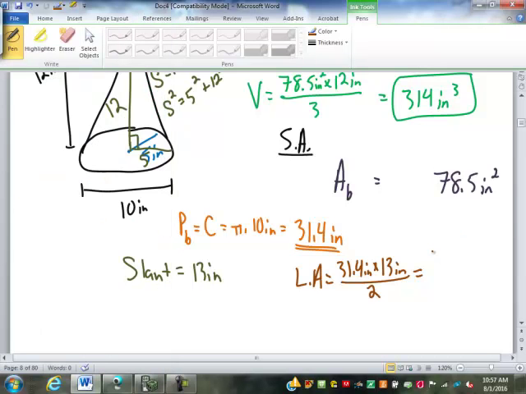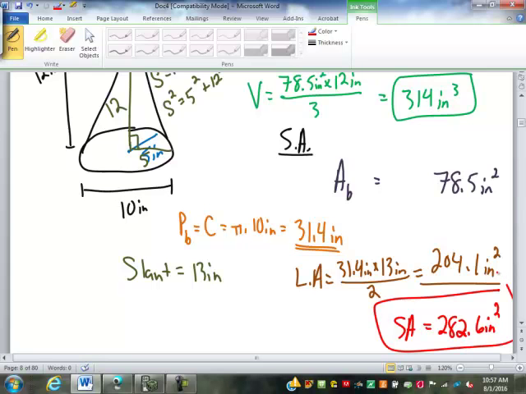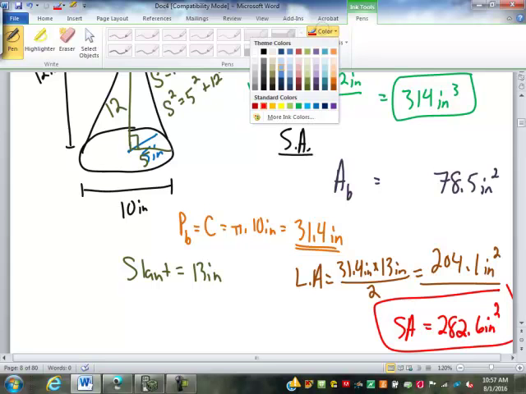That's 204.1 inches squared. So our total surface area, adding that up, is 282.6 inches squared. How many of you had that? A few of you. Okay, we're getting there.